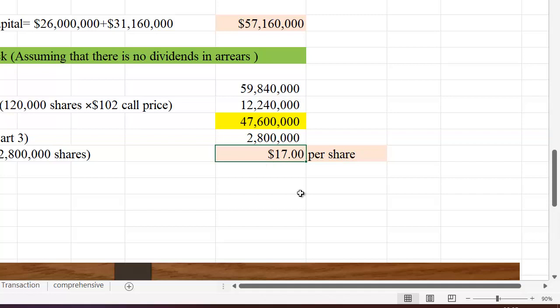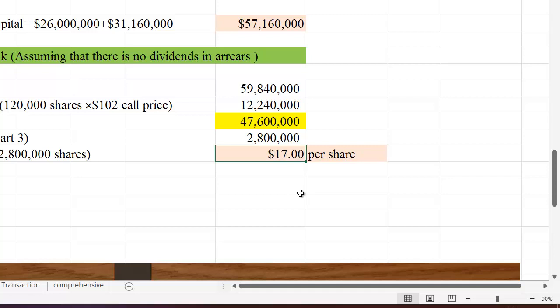The point to note here is that book value per share is always calculated using common shares outstanding. And before calculating this, we need to subtract the call price of preferred shares plus any dividends which are in arrears. Since we had one assumption that there is no dividend in arrears, I have not mentioned this amount. Even here in our case it is 0.